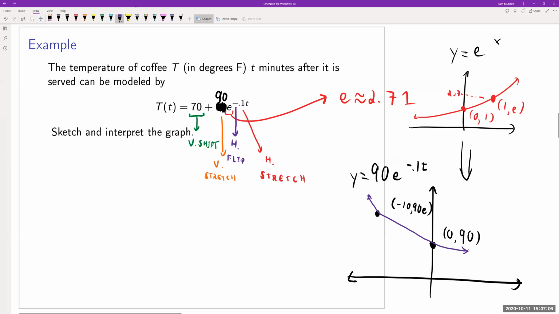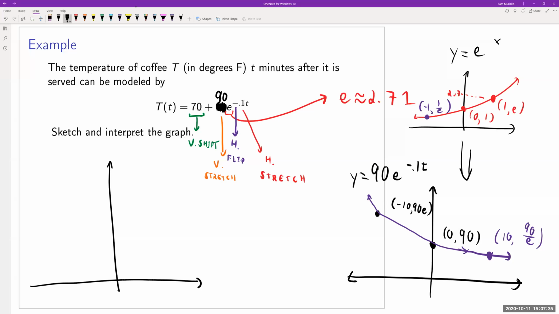We can also sketch a point to the left of the graph. This would be the point (-1, 1/e), which means that over here, we would have the point (10, 90/e). We can use our calculator once we've done our shifting to figure out roughly where that will be to scale. The last thing we need to do is apply the vertical shift.